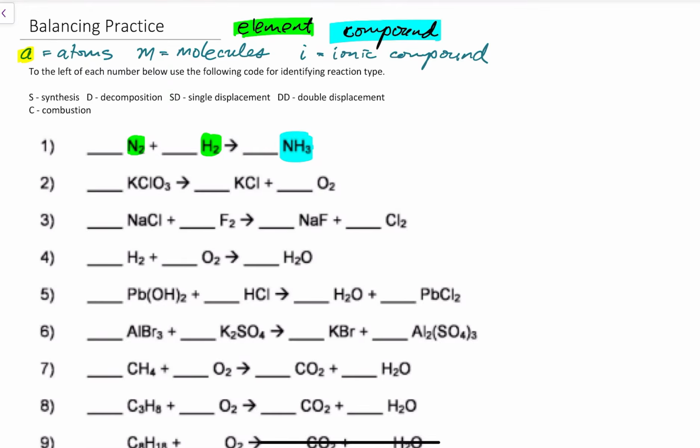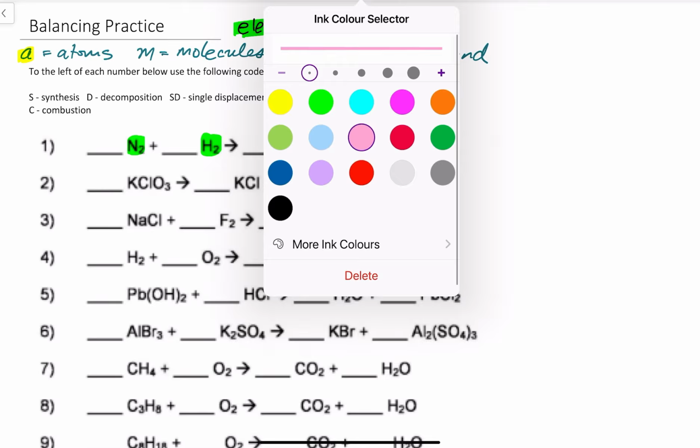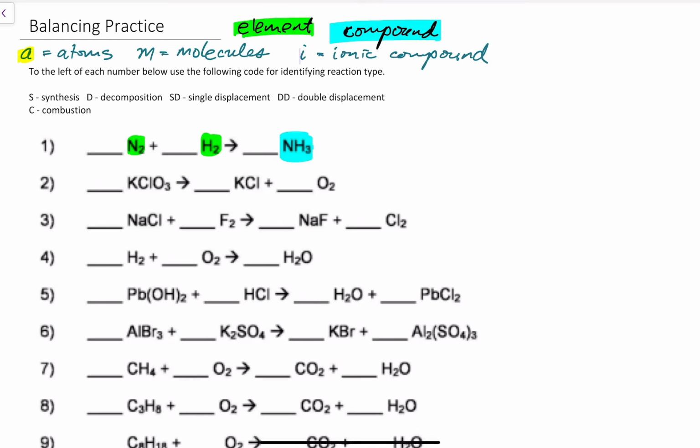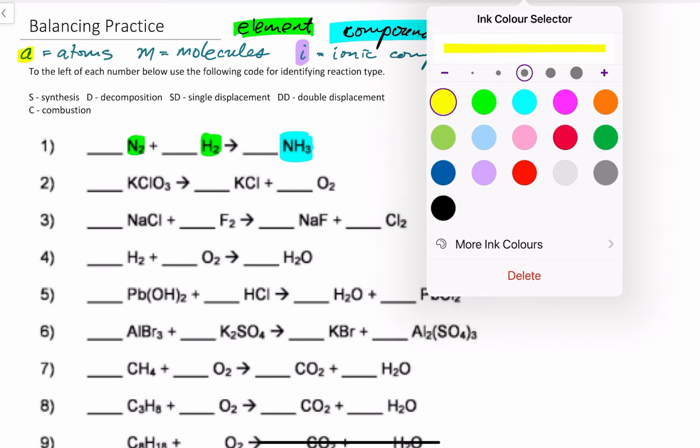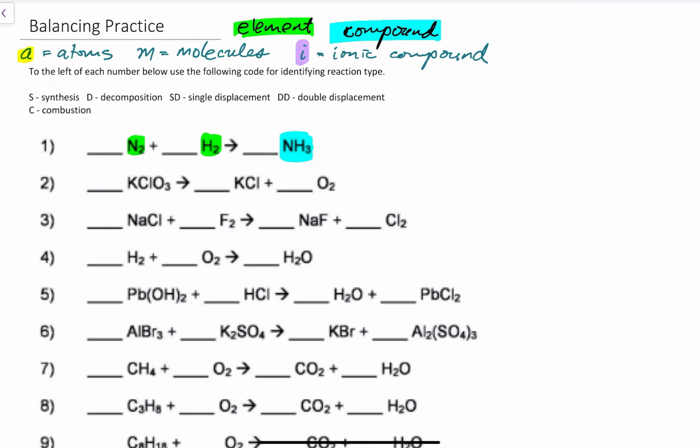So what have we got? Green, blue. Let's do dark blue for the ion. Purple. Do purple for ions. And pink for molecules. One more highlighter. There we go. Okay.